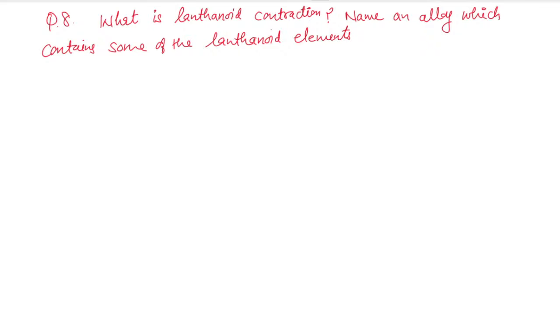Yes, decrease in radii along the series as atomic number increases. Now tell me the name of the alloy which contains some of the lanthanoid elements. Yes, this name is given in the book.